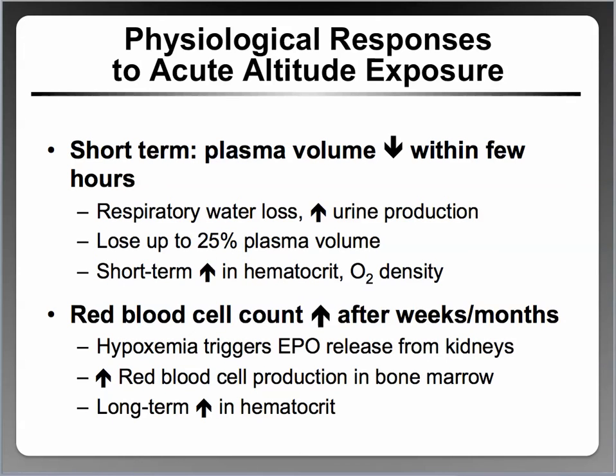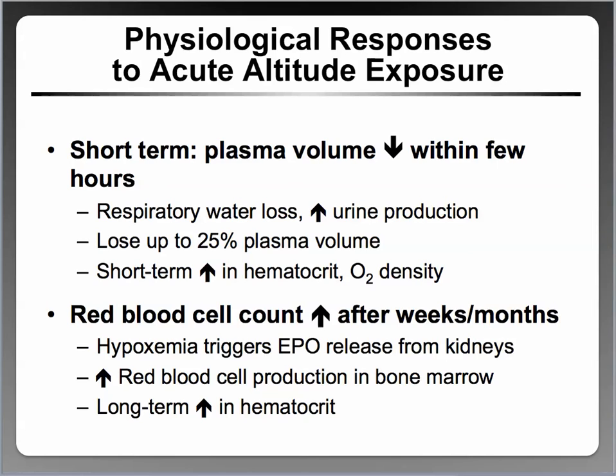So in the previous chapter, we talked about physiological adaptations, and one of the major ones with endurance training is what happens with plasma volume. We're going to retain that knowledge but flip it.